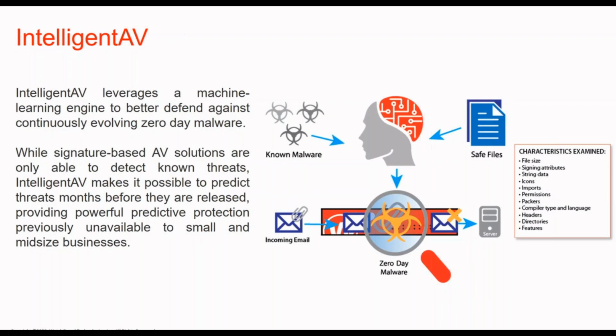The intelligent antivirus is going to use a machine learning engine to defend against the different types of evolving zero-day malware, right? It is available now. Before that, it wasn't available in the T series. Now it's available in the T series, starting from T40, T80, and definitely it's adding another layer of security to stop zero-day attacks.